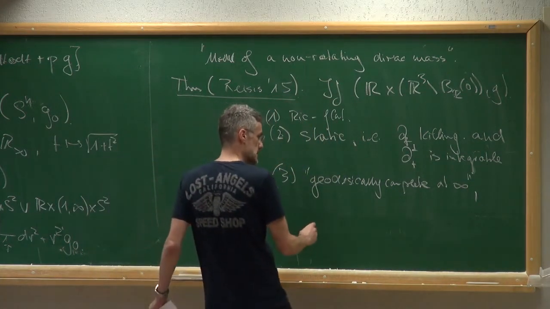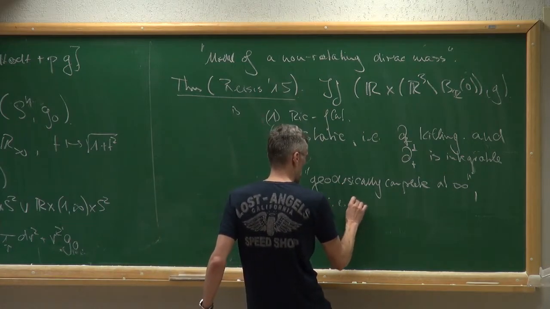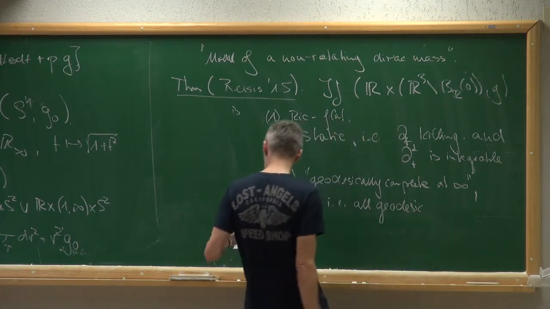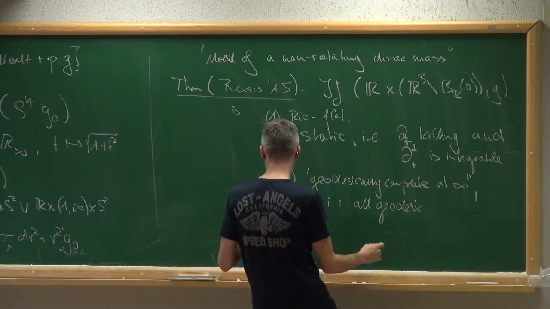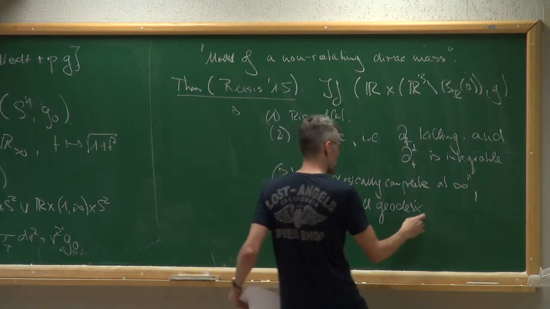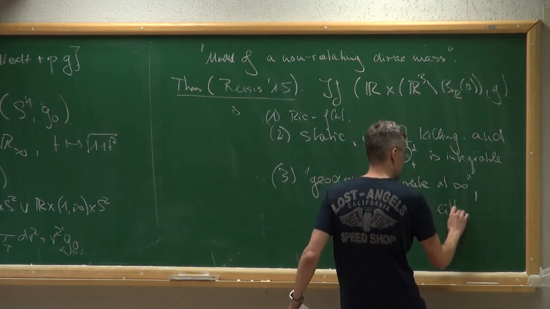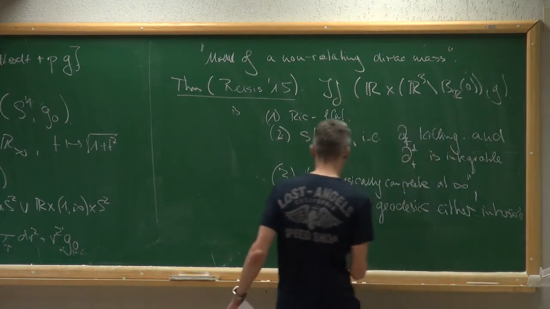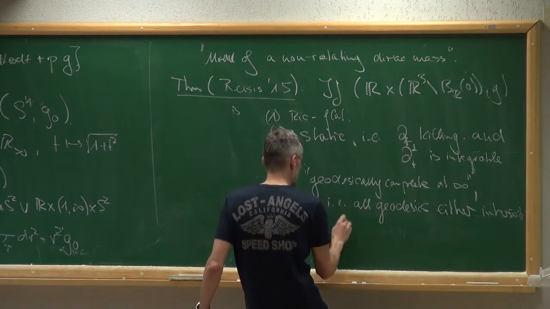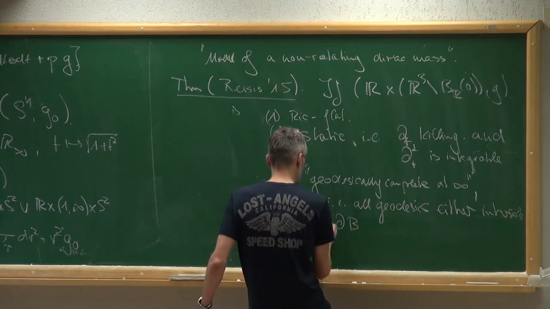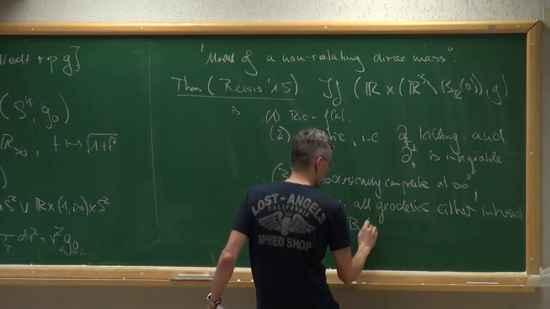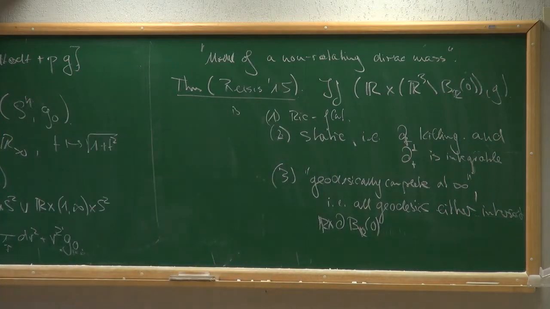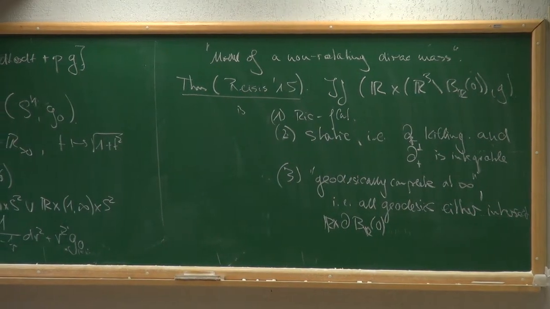That means all geodesics either intersect the boundary of the cylinder above this ball of radius R. So basically, let me give you the geometric meaning of that.